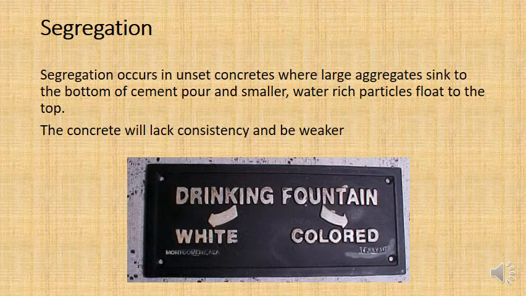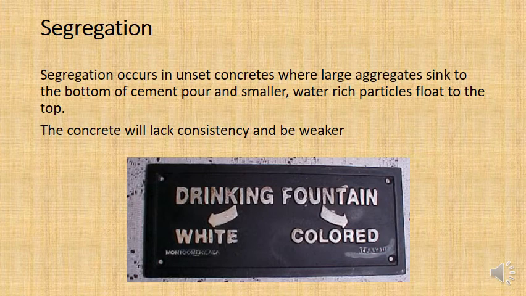When we mix it all together, there should be an even distribution of aggregate particles throughout the concrete mixture. But segregation occurs when aggregate, particularly the large aggregate particles, which have a high density compared with the cement and water, will sink to the bottom of the concrete, and the cement and water, which is quite light and has low density, will float to the top.